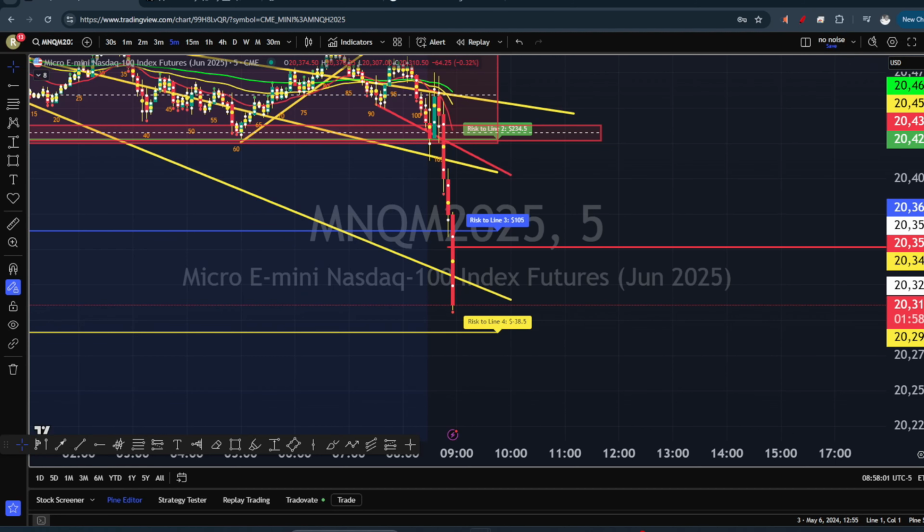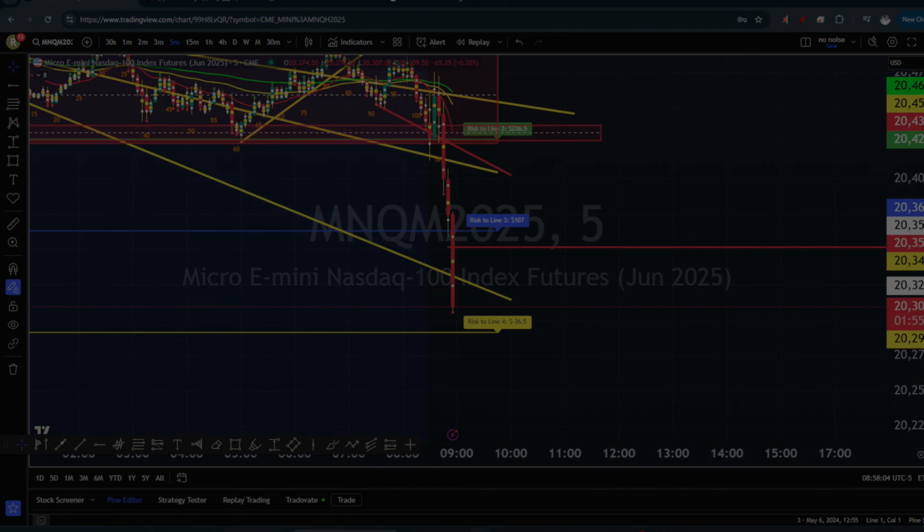This little cheat sheet is on one of my monitors here. I'll show it to you. You can freeze the video and capture it. It'll probably help you in your trading.